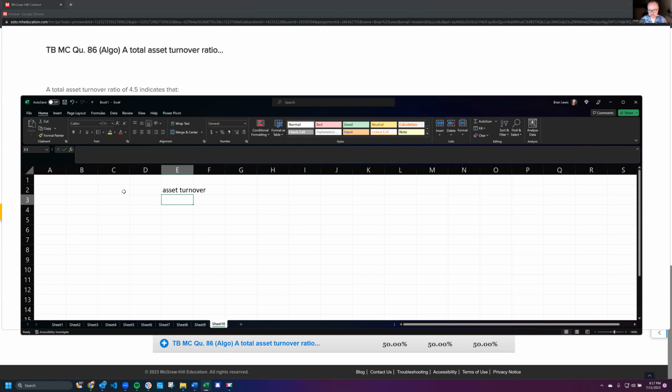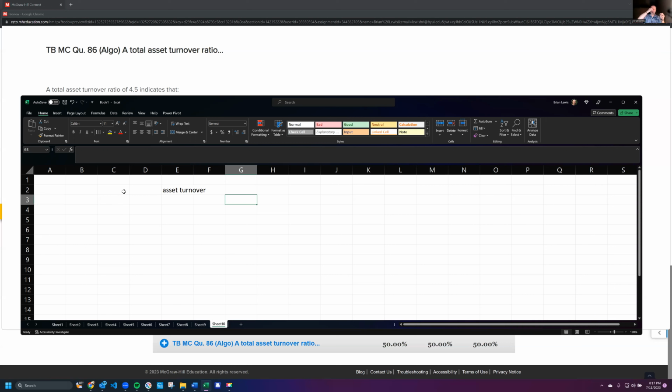Now, this one I have not done in ages, so I'm going to have to figure this out. Asset turnover ratio. I'm thinking, how many times does something turn over, right?